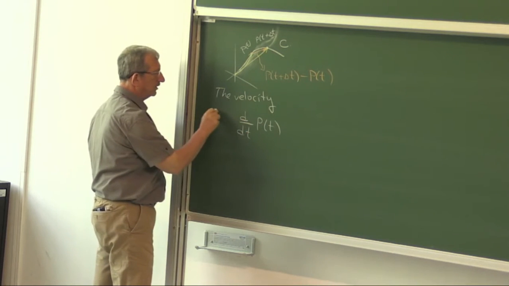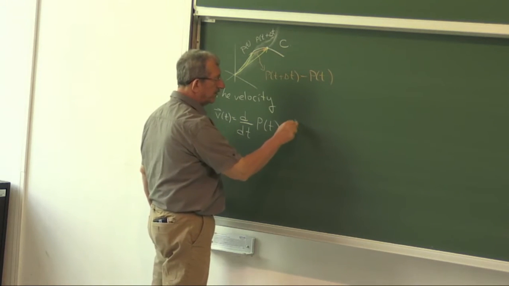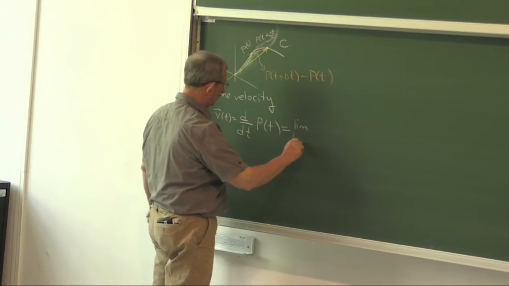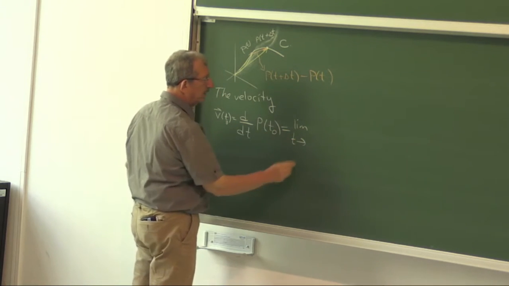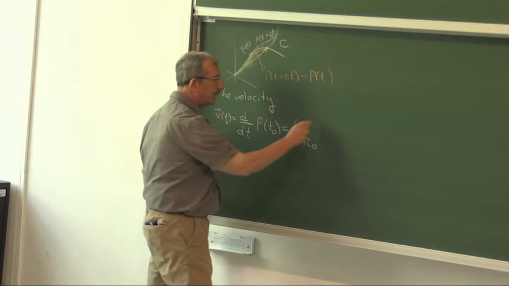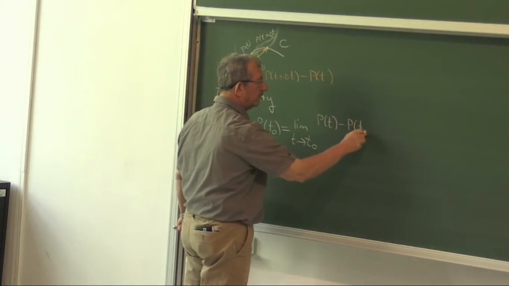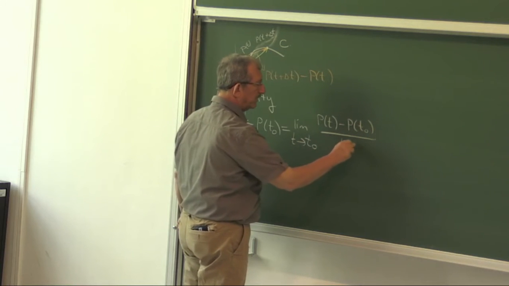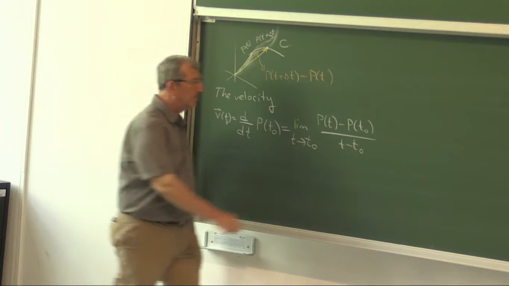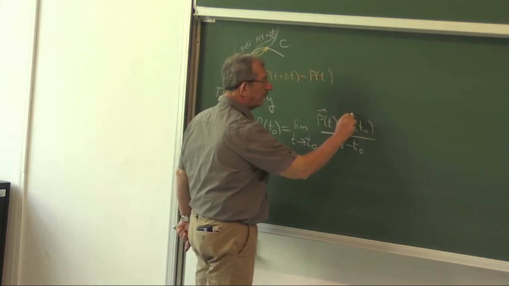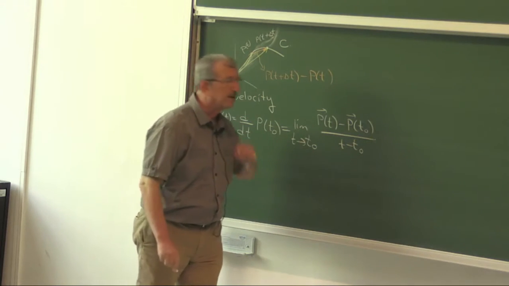Let me call it velocity. This would be the limit, let me say at t0, t going to t0, of P of t minus P of t0 divided by t minus t0. Now, all this operation is possible, of course, because these are, after all, vectors, but we divide by a scalar.